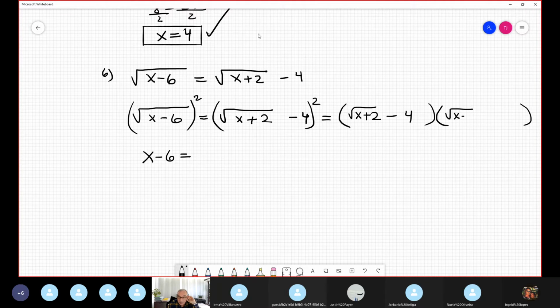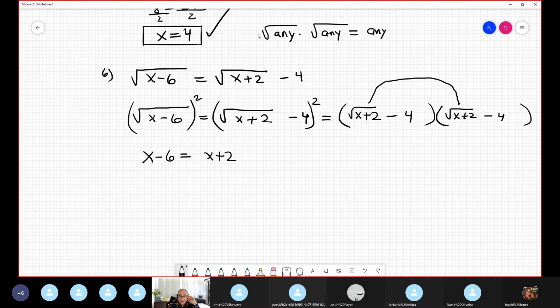But the student who doesn't remember the formula, let's do it using FOIL, which is multiplication. Any binomial times itself. Square root of something times square root of something is something. It's x plus 2. You remember very well, when you have a square root of any number or expression times the same, this is a magical way that we can use for rationalization, which is to eliminate the radical.